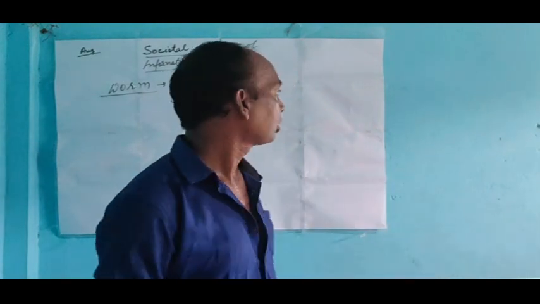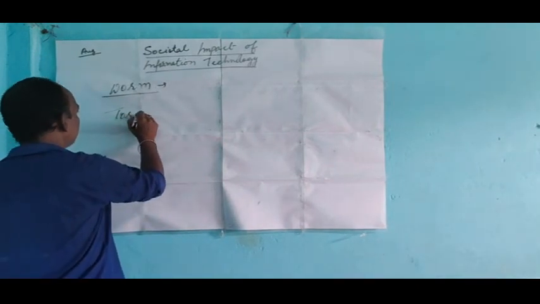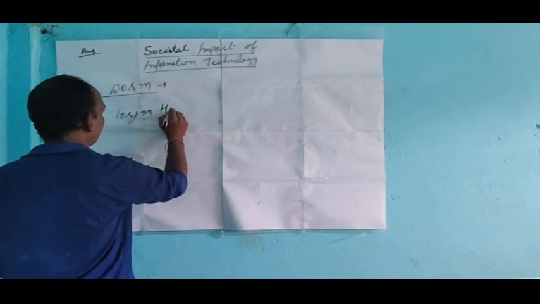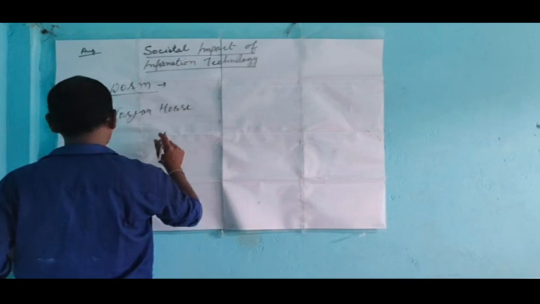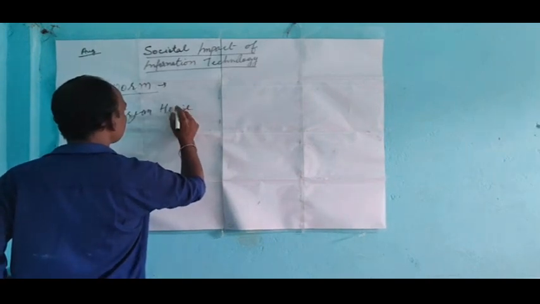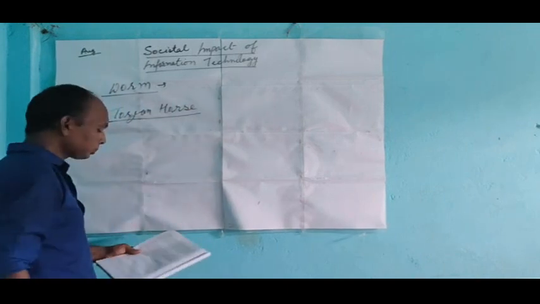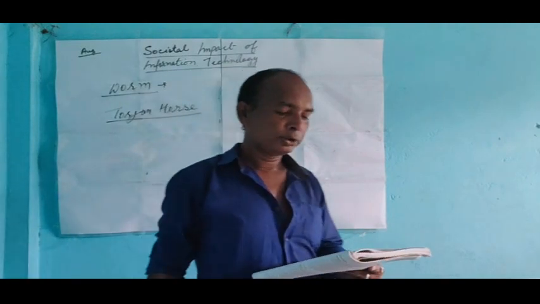Next one is about the Trojan horse. Have you heard the name Trojan horse? A Trojan horse is a program that appears useful at first.